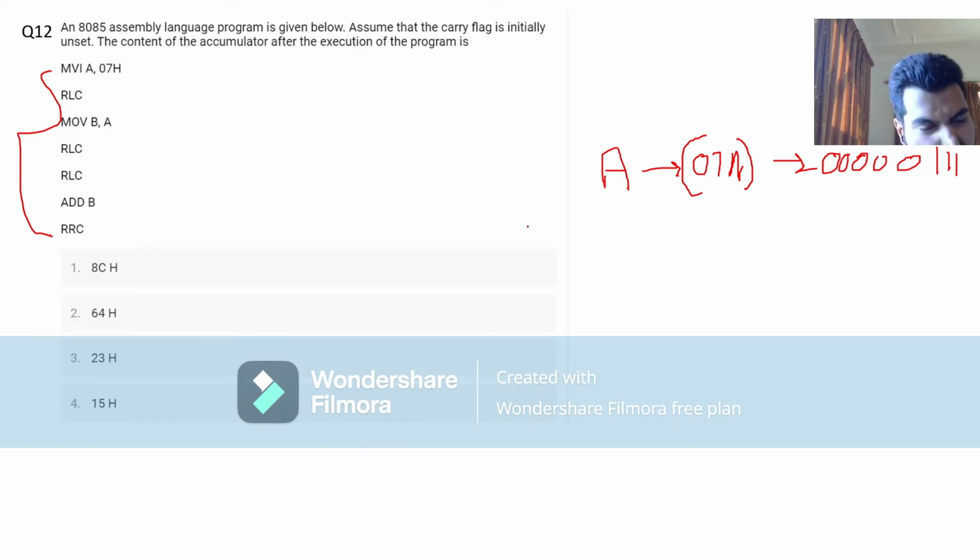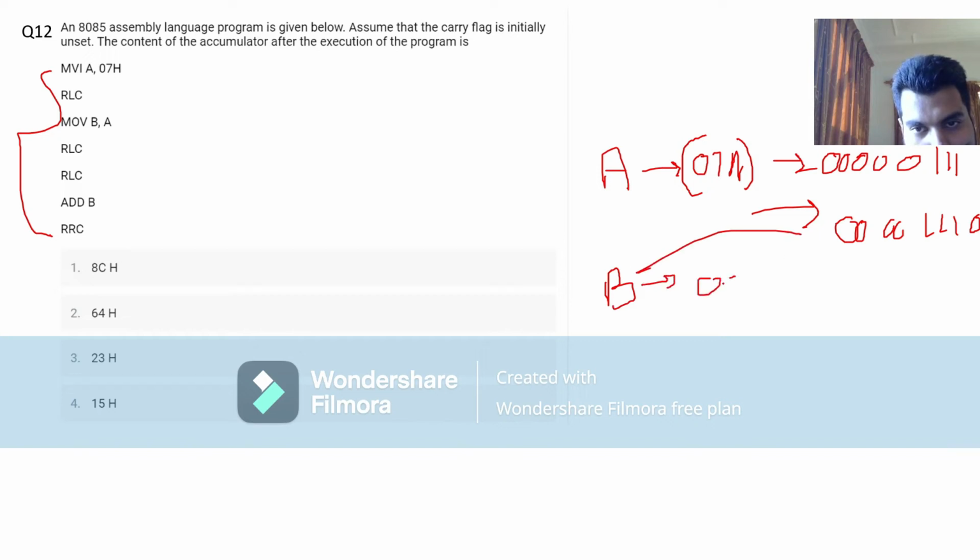Then we have rotate left, so the rotate left operation will be performed. The contents of our accumulator will be 00001110. Then the contents of accumulator A are moved to register B, so B gets A. Then the contents of the accumulator are again left shifted by 1.